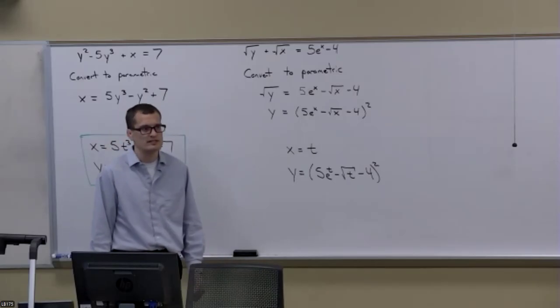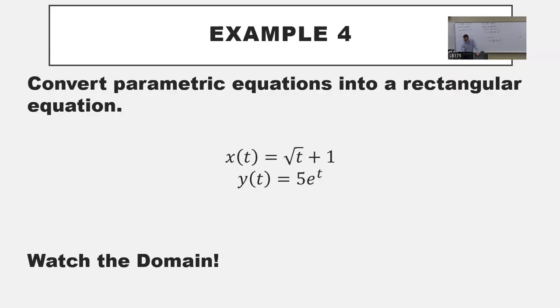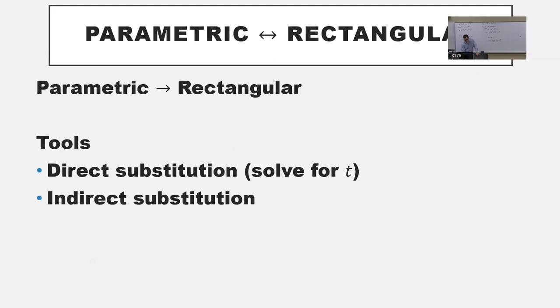Direct substitution. So for direct substituting, going from parametric to rectangular, we're solving one of the equations for t, and then just plugging that expression in for t in the other equation.